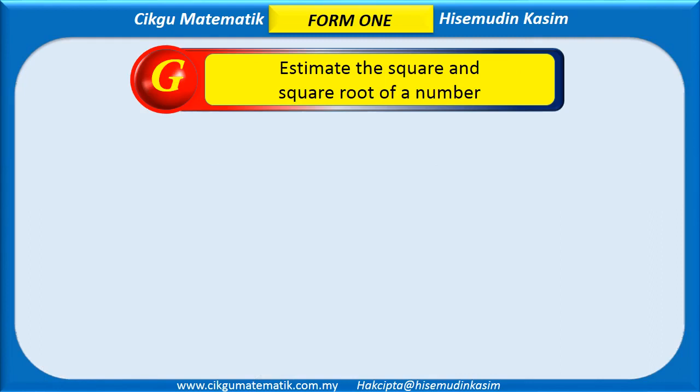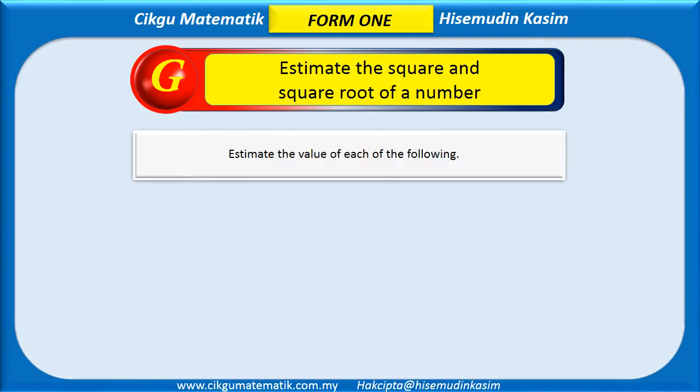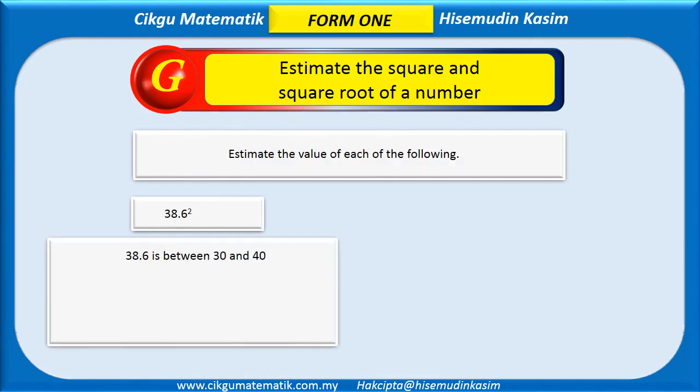G. Estimate the square and square root of a number. Estimate the value of each of the following. 38.6 squared. 38.6 is between 30 and 40. 38.6 squared is between 30 squared and 40 squared.